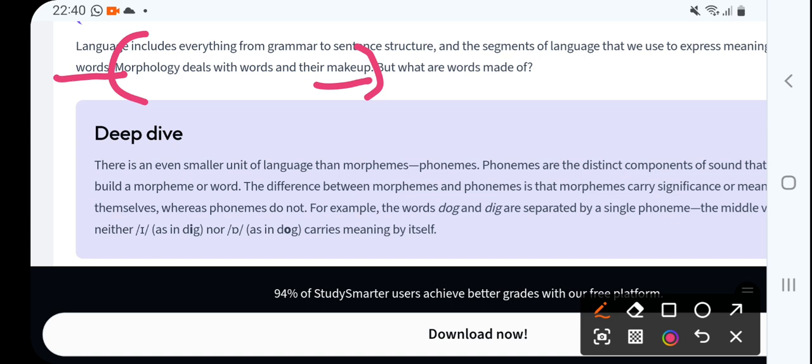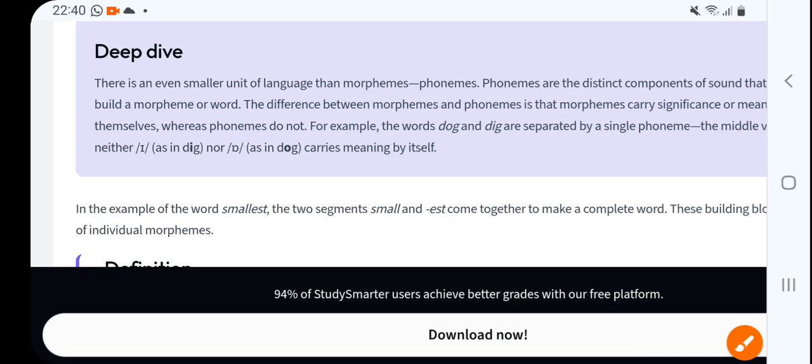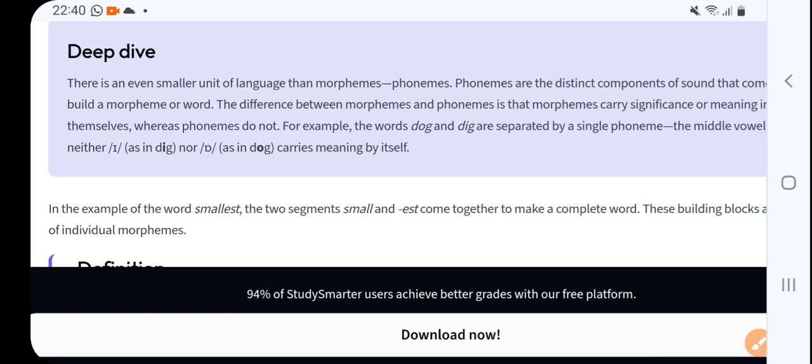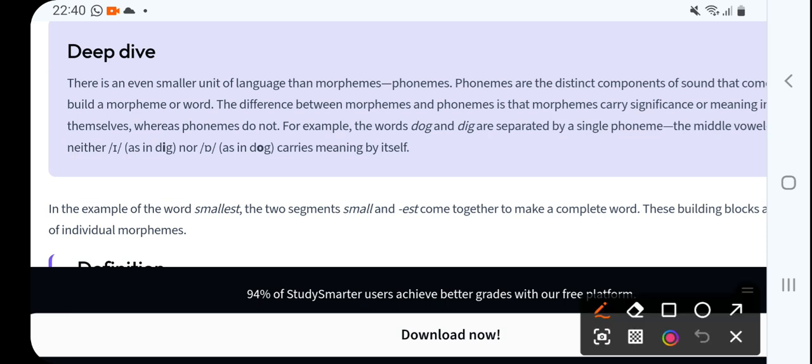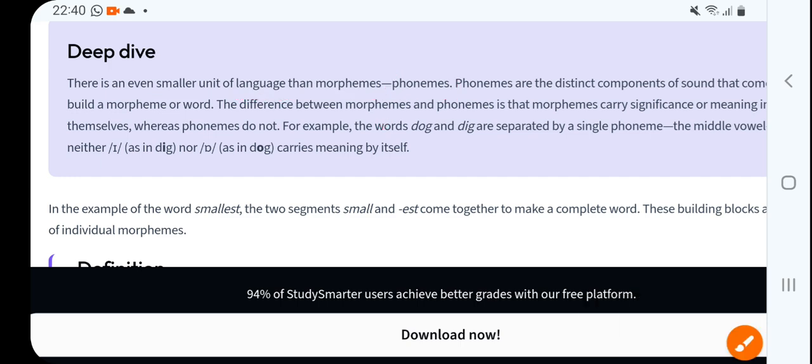But what are words made of? Important. There is an even smaller unit of language than morphemes: the phoneme. Of course, the morpheme is bigger than the phoneme.